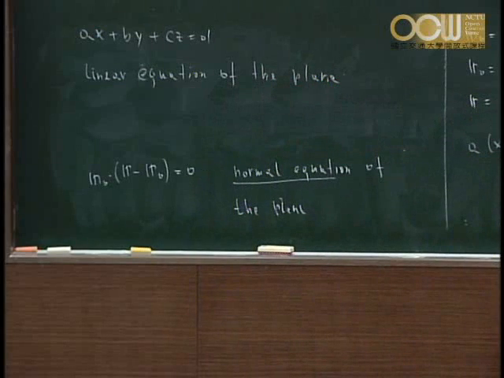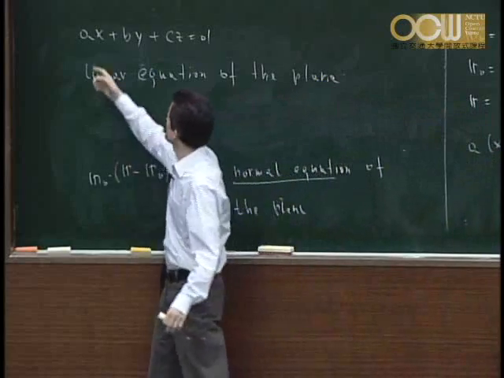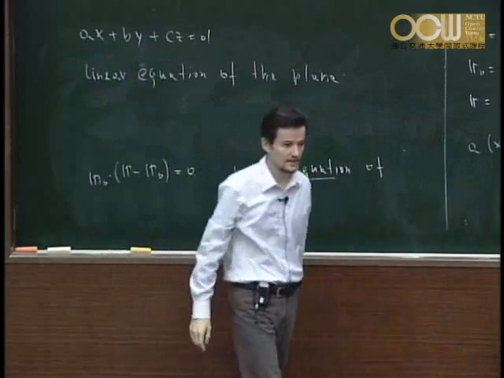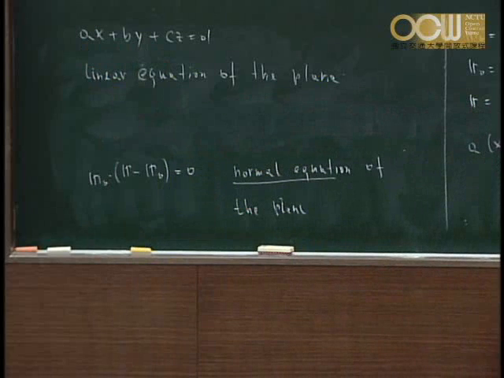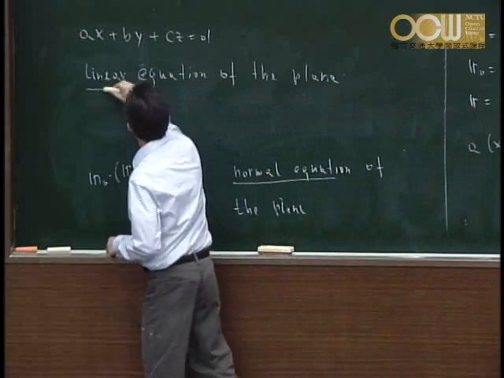Okay, so in particular, you see that if you have given the linear equation of the plane, something you know from high school, then a, b, and c make up a vector which is orthogonal or perpendicular to the plane. So you see this already from this here.